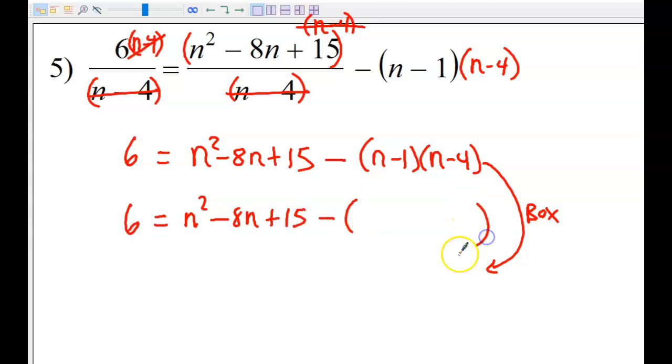Now I'm going to put it in parentheses, though, because we are subtracting it. So I want to remember to distribute the negative when I'm all done. But if we did the box multiplication or the FOIL method or whatever method you choose to use, you would get n squared minus 5n plus 4. Then we're going to distribute the negative.